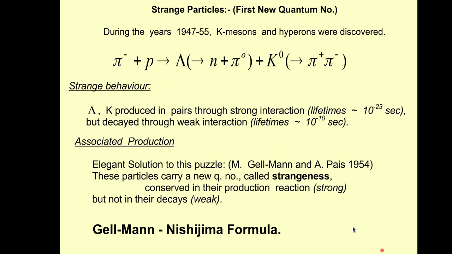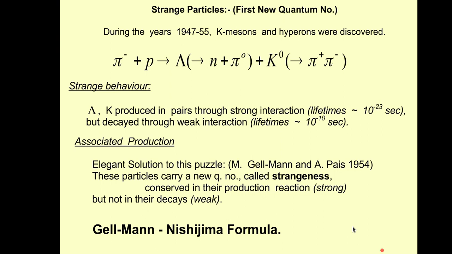We will see slowly that in strong interaction, most of the quantum numbers are conserved. In the electromagnetic process, total isospin can be violated at the maximum by 1. That means total isospin of final state and initial state may not be the same, whereas the third component will be conserved.